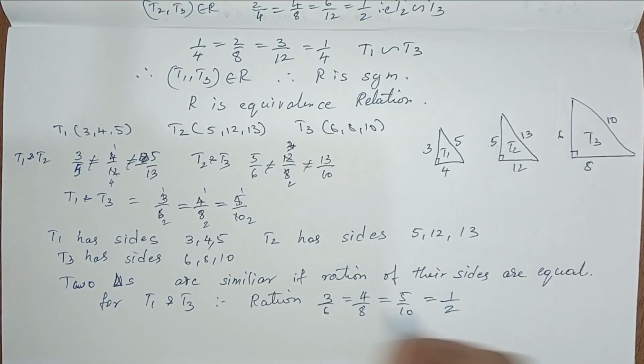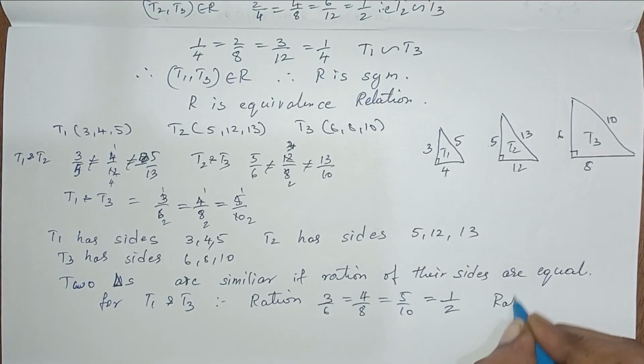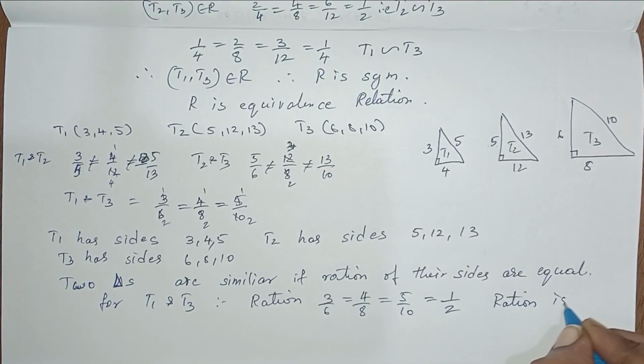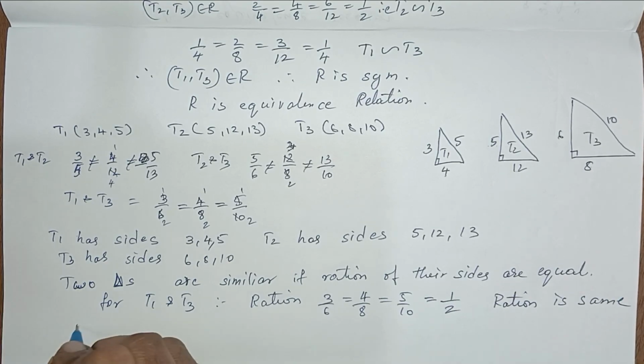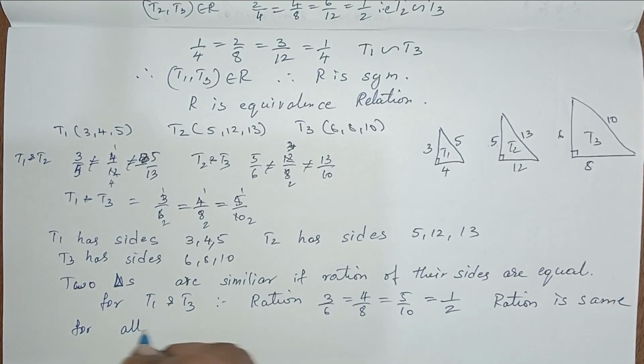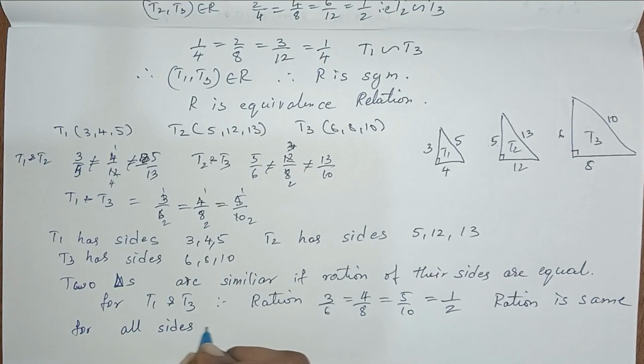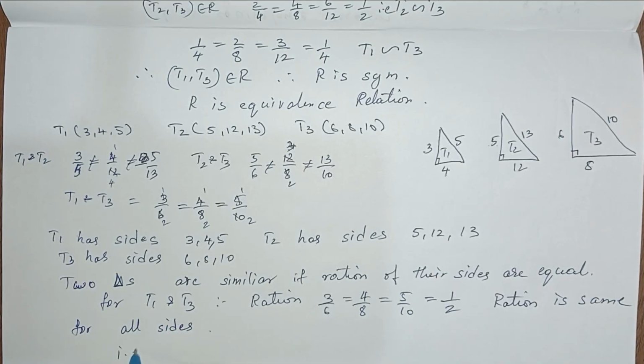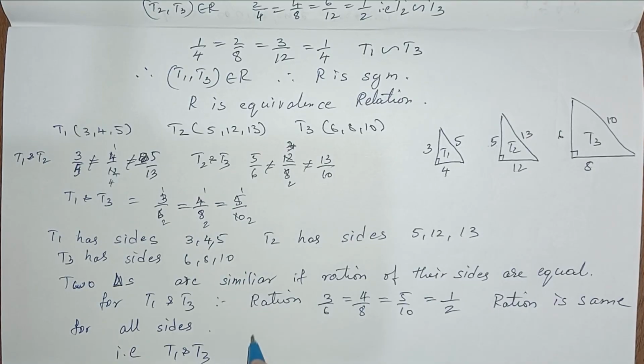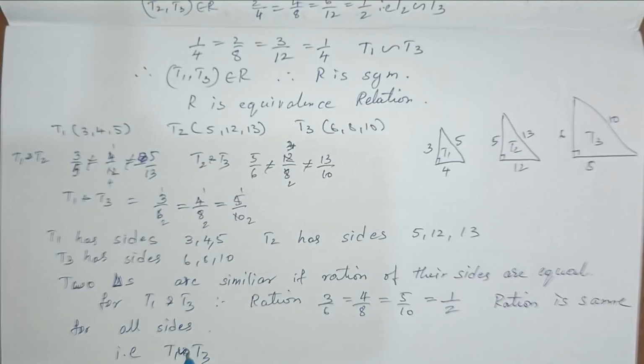So we know that since the ratio is the same for all the sides, T1 and T3 are similar.